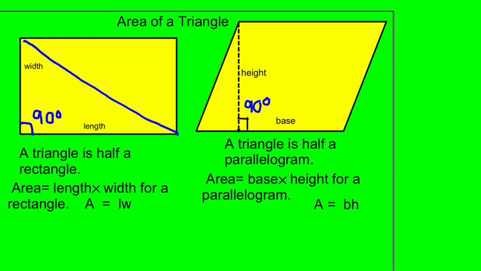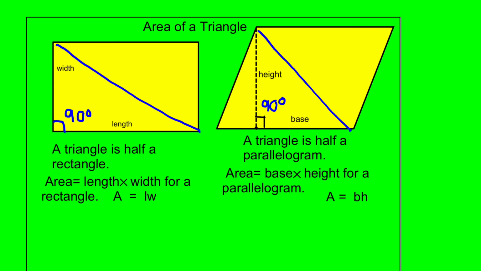And you'll notice here that there are also two triangles in this parallelogram. If we go from one corner to the other, we get two equal-sized triangles. There's one there and one there. They're both exactly the same size.